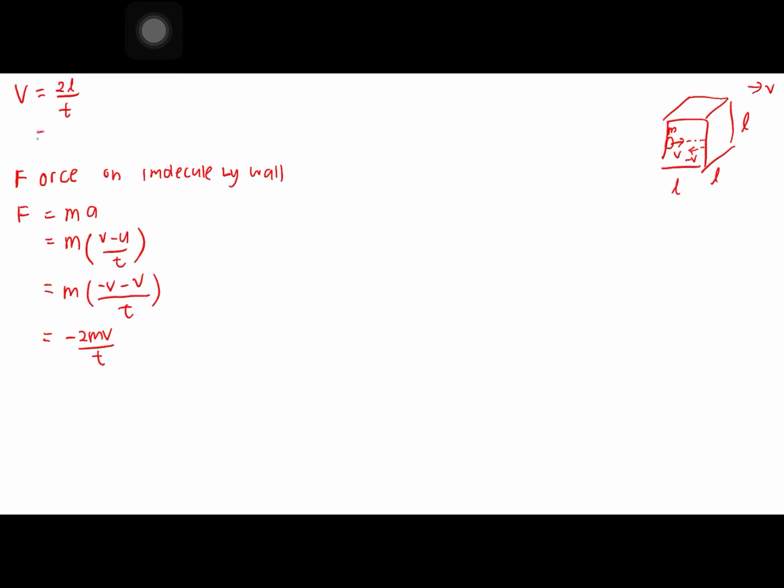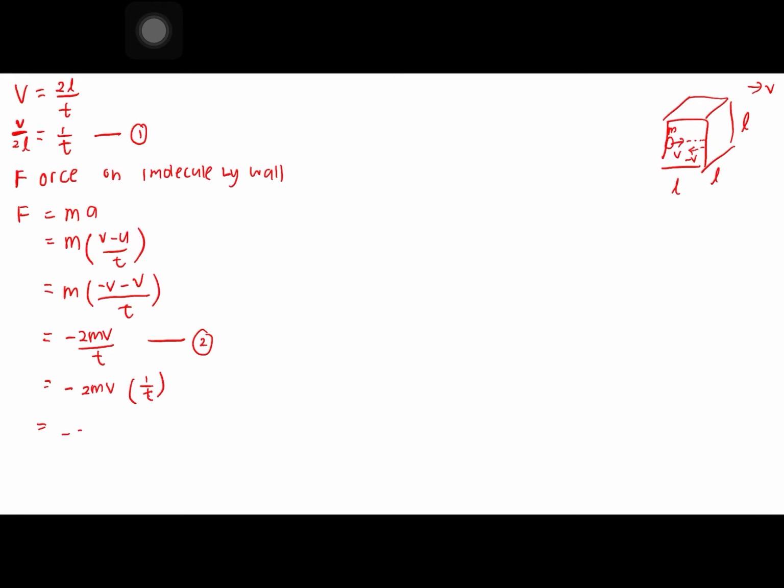Now, look at the top equation. I'm going to leave 1 over t on the left-hand side and bring 2L over, so I get v over 2L. If this is called equation 1 and this is equation 2, I'm going to substitute equation 1 into equation 2. Equation 2, you can see, is actually 2mv times 1 over t.